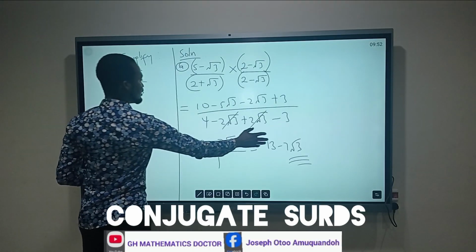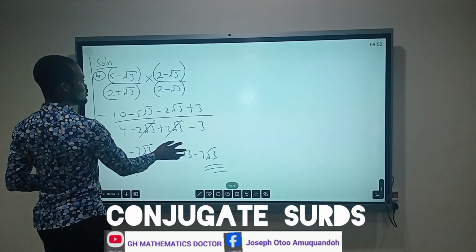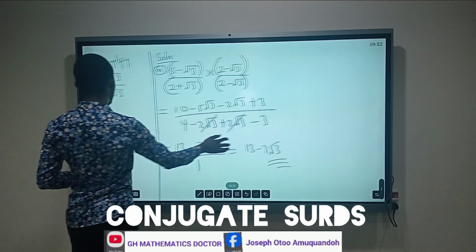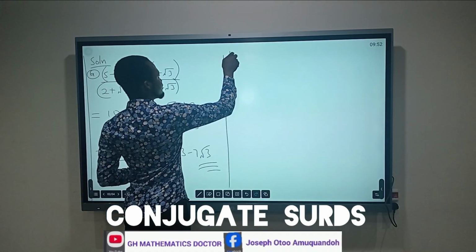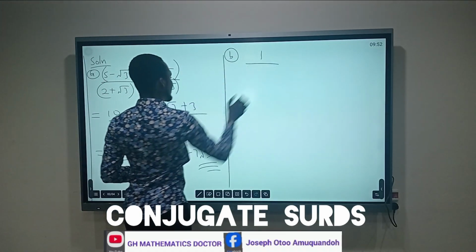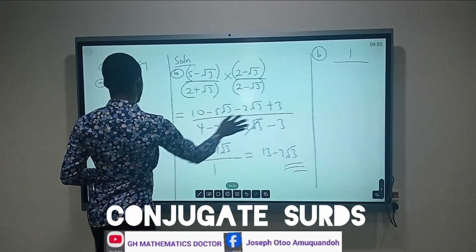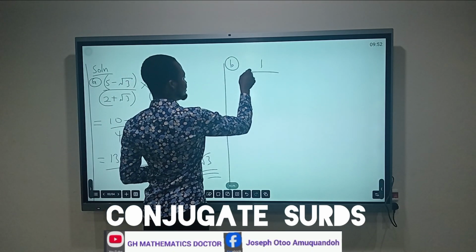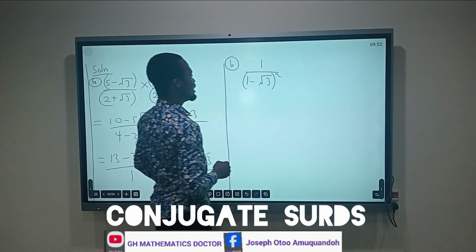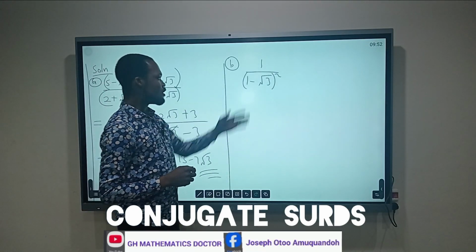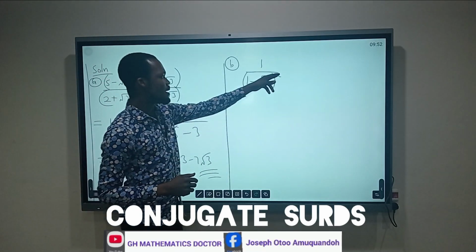For this second question, we have the question as question B: 1 over 1 minus root 3 squared. In this case, we need to solve the denominator because of the power here.